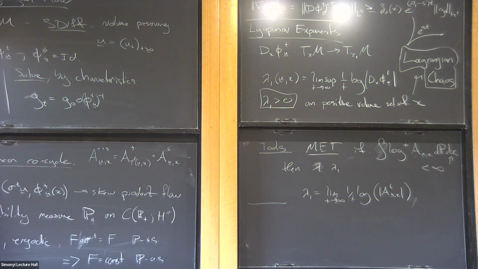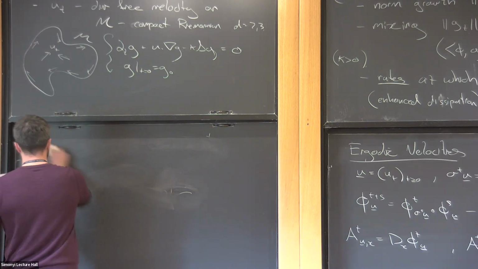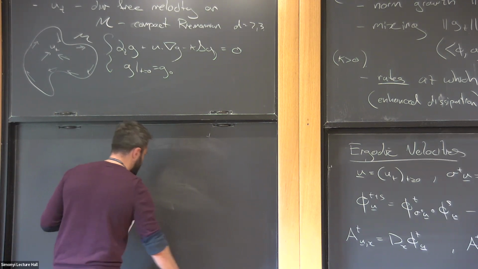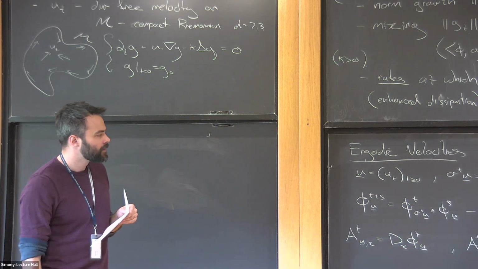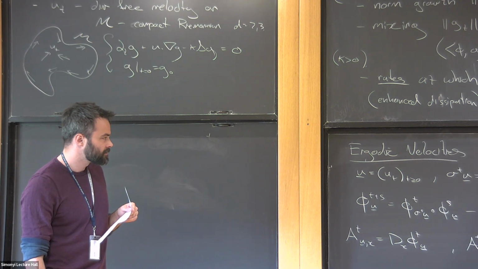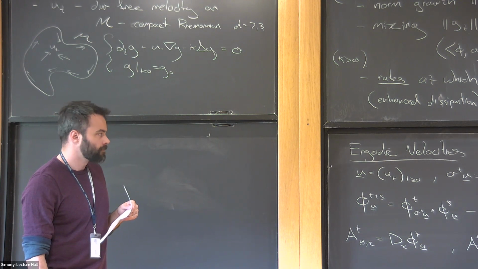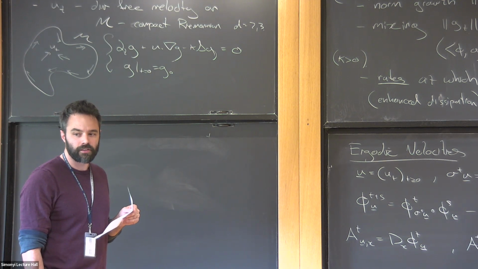So let me give you some examples, of which there are not terribly many, although Weissang might have plenty. I was actually going to ask: the base of your skew product flow is both U and phi. It's not the flow in U, it's both U and phi for the linear cocycle, yeah.